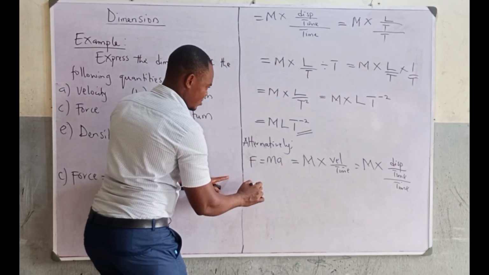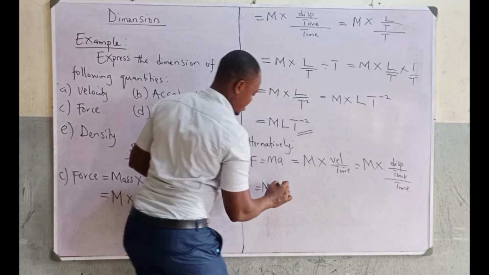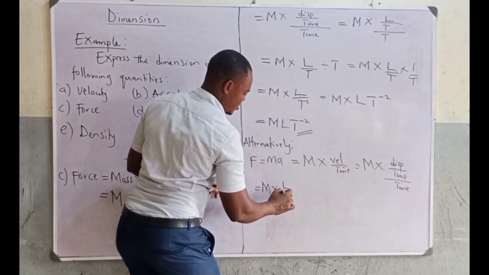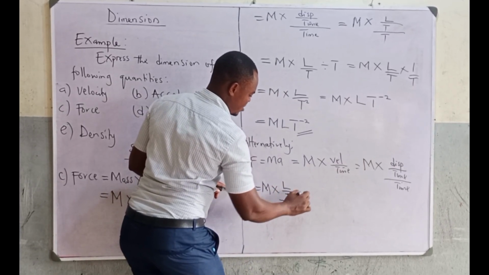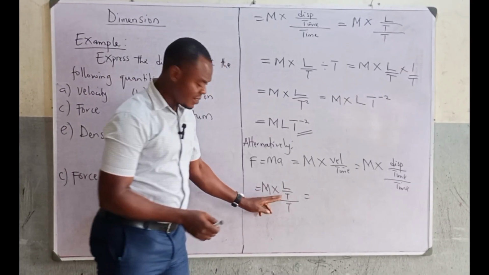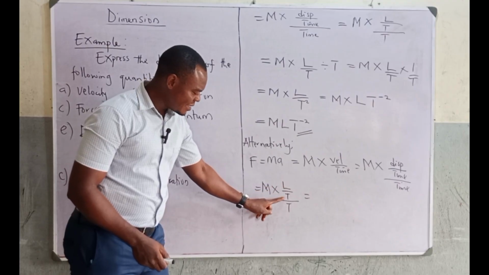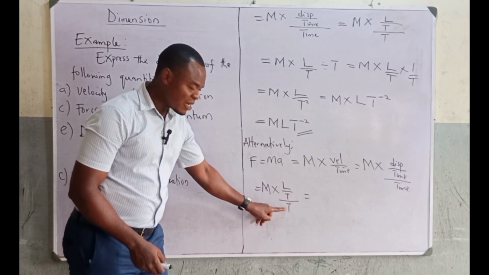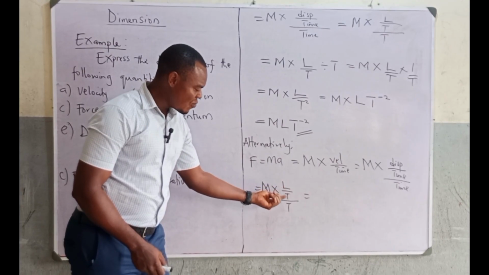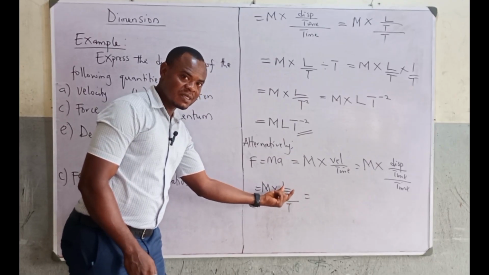Now, mass times displacement L over T. Now, another way from here: we have L over T divided by T.